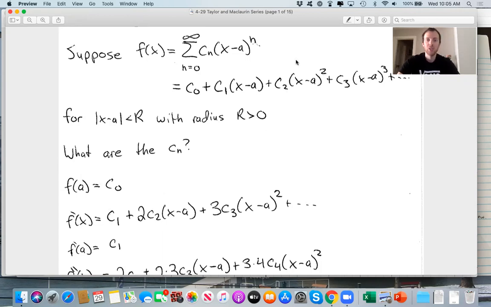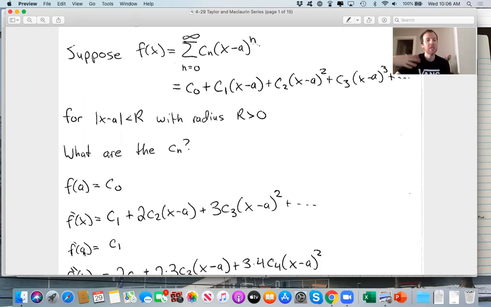Here, the power rule says bring the 2 down, so we get 2 c2 times x minus a, and the new exponent is 1. In this n equals 3 term, the 3 comes down, we increase the exponent to 2, we get 3 c3 times x minus a squared. And now, if we put a into this, every term that still has an x minus a is canceled, and we just get c1. So the coefficient c1 here is the derivative of the function at a.